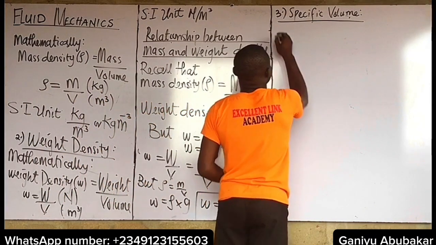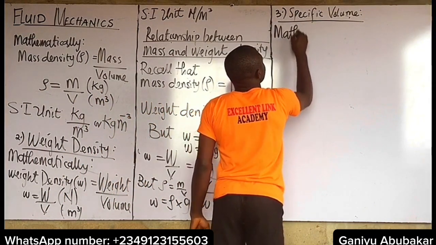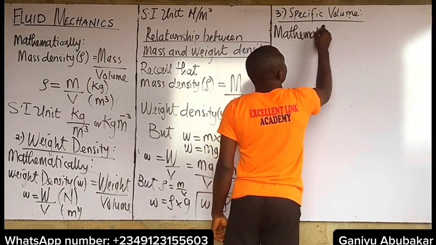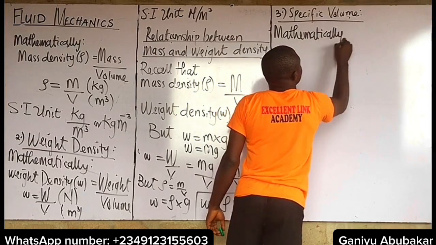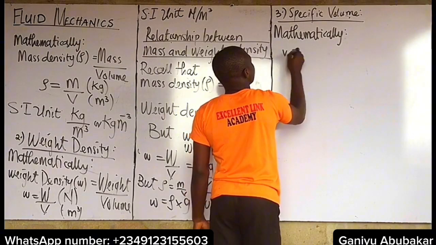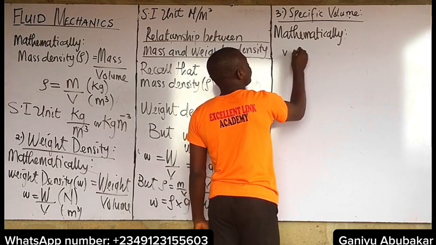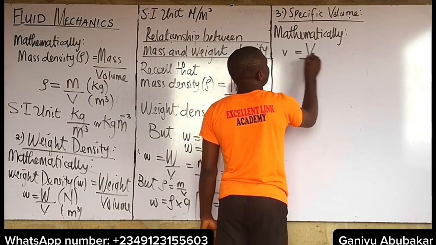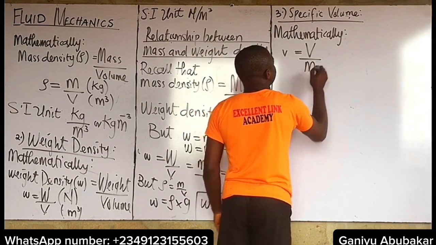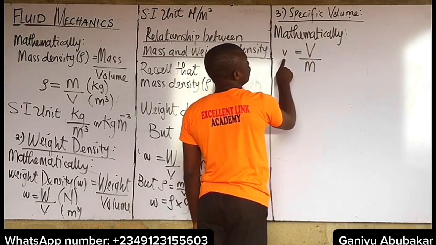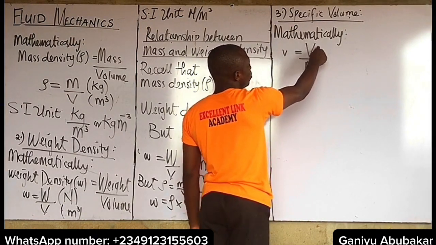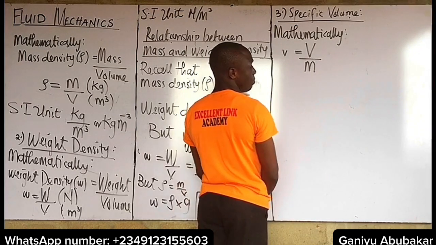Mathematically, we're saying that small v, which is specific volume, is equal to total volume over the mass.